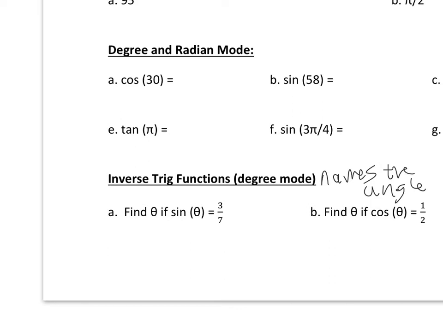So if I tell you that the sine of something is 3/7, then in your calculator you're going to type in sine inverse of 3 divided by 7. And it's helpful if you remember that we are in degree mode here. That's something to watch out for.